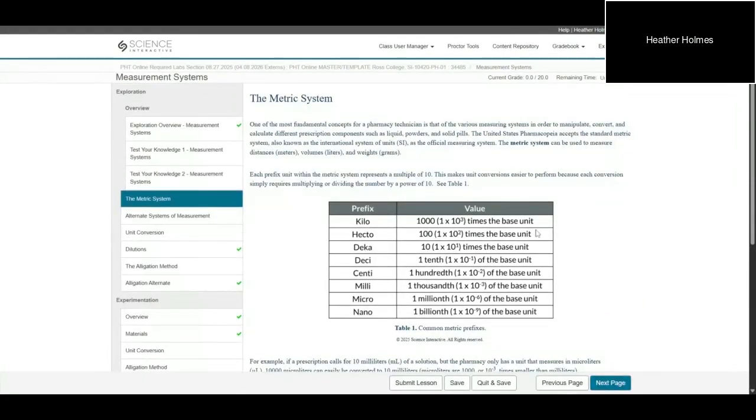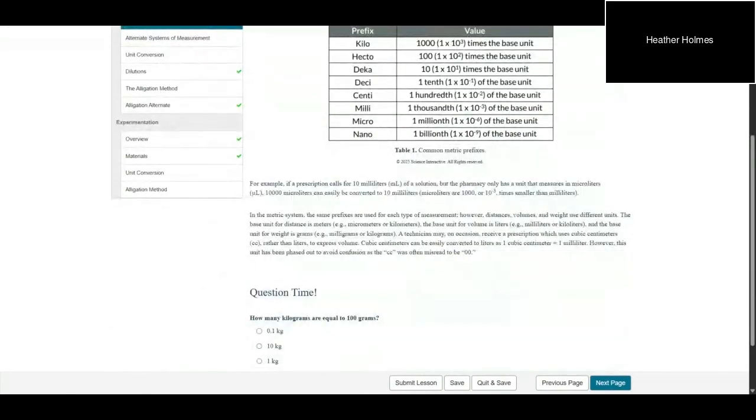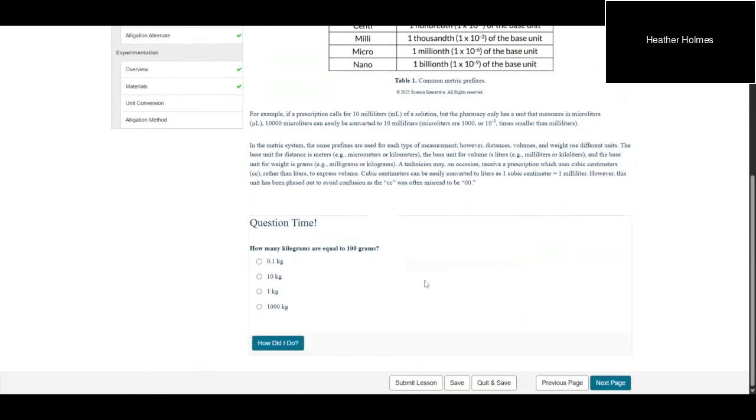For your next page, it goes over basic information for the metric system and which units they use. It tells you about the prefixes and gives you more insight about everything. This one only has 1 question at the bottom.